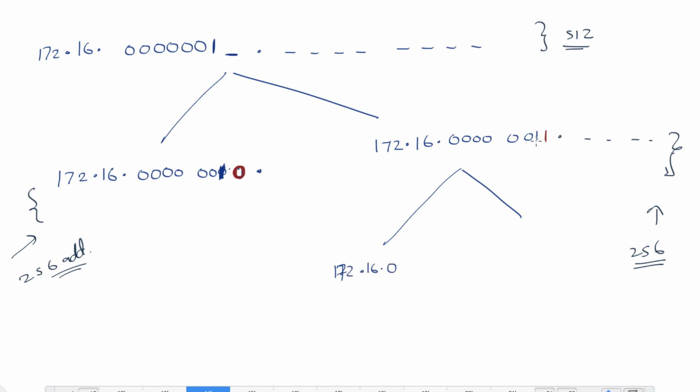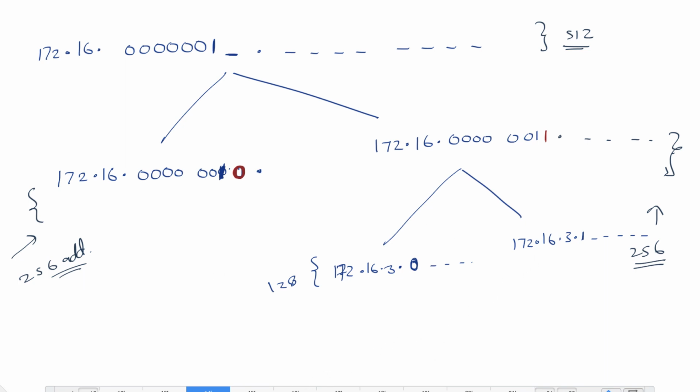172.16.0, like all zeros, and then 11, which is 3. This is 3. Now let me write it in binary: this 0 is fixed, and then 172.16.3, this one is fixed, and then everything else is host ID. So this will be 128 addresses, and this will again be 128 addresses. Now you need 100 addresses only, but you can't give 100 addresses, so you will give this whole 128 addresses. So what will be the third network ID?